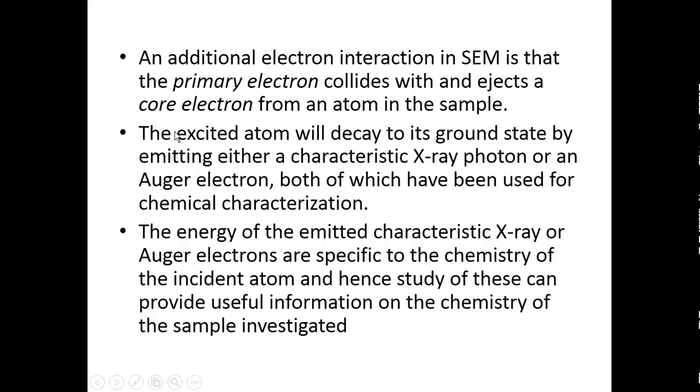Okay, the electron beam is directed upon a dwelling point where the atom will be excited, and there will be different kinds of interactions, called specimen interactions, which take place over the surface, and that excited atom will decay to its ground state by emitting either an X-ray photon or an Auger electron, not photon, an Auger electron, or both.